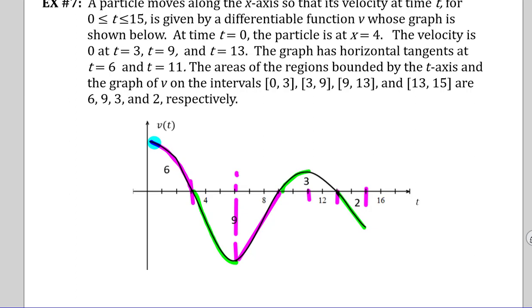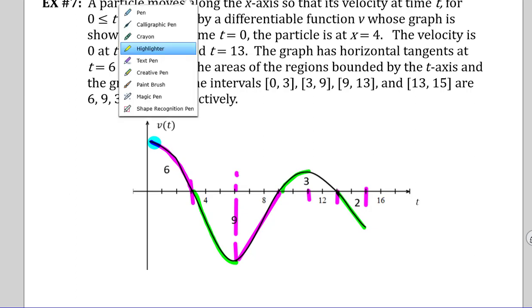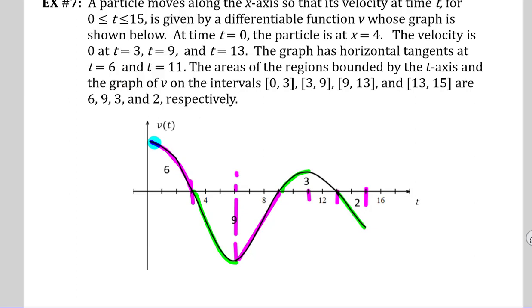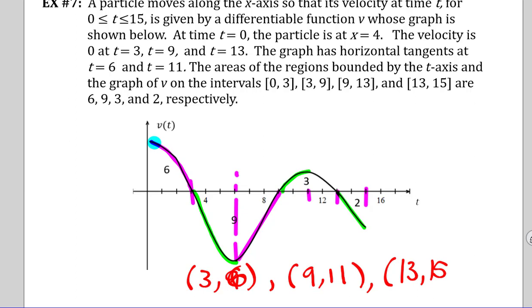So the speed of the particle is increasing from 3 to 6, and then from 9 to 11, and then from 13 to 15, right?